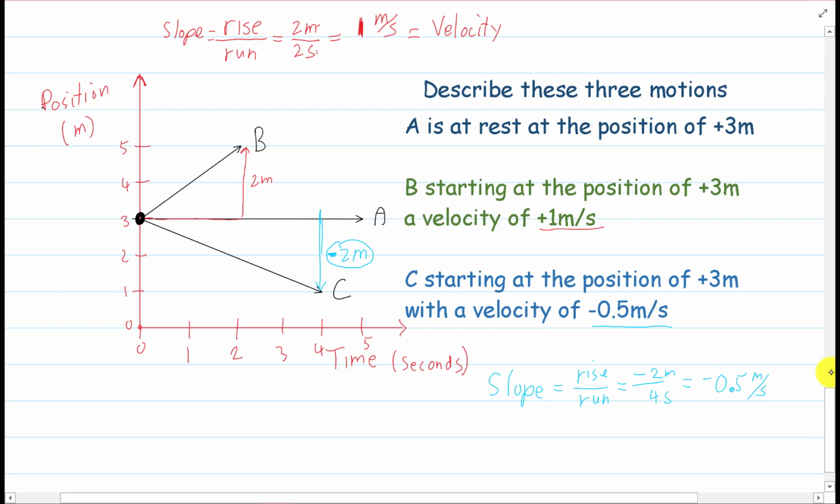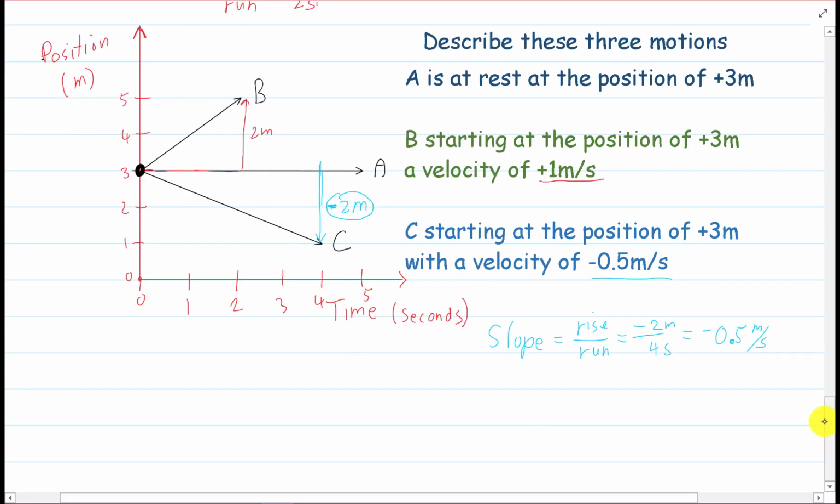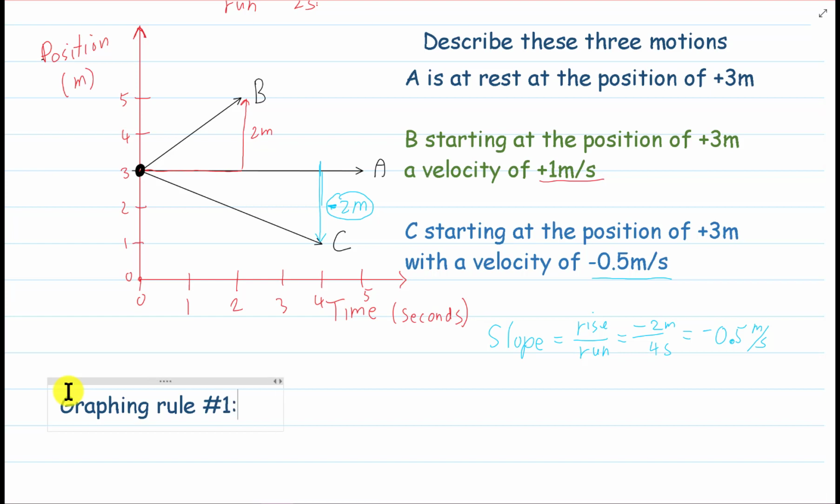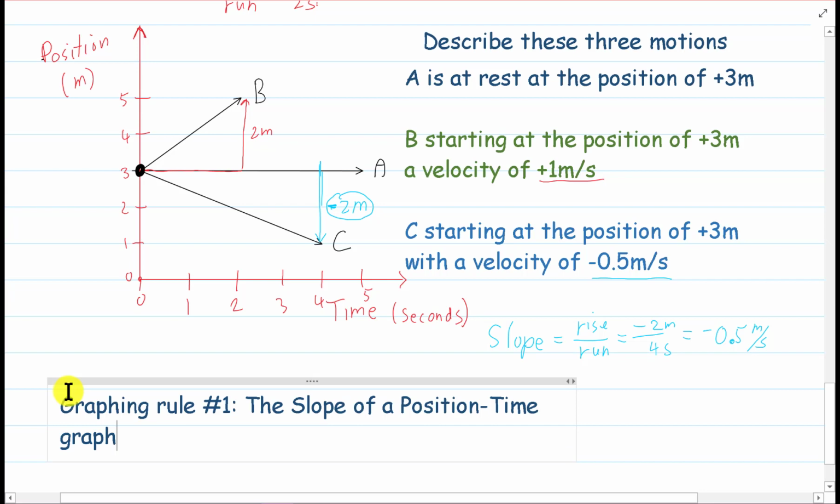So we're coming up with a rule here. And it's our graphing rule. Graphing rule number 1. The slope of a position-time graph is the velocity.